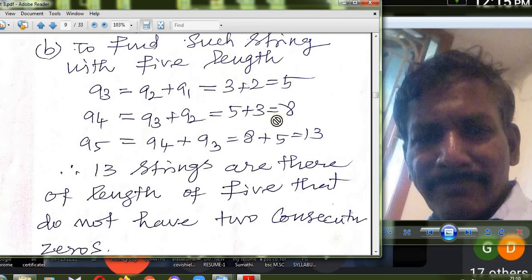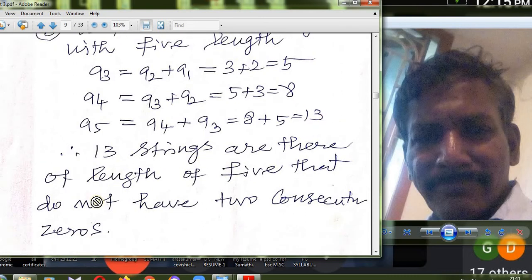Add both of them, you will get 8. Now what about a5? That's what we are interested in. Am I correct? So a4 plus a3, 8 plus 5 equals 13. So 13 strings of length 5 do not have two consecutive zeros.